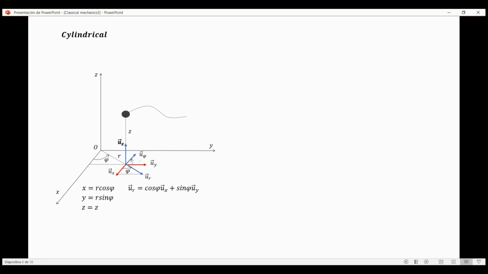So u phi is minus this distance here, pointing in the negative direction of x. It would be minus sine of phi ux plus cosine of phi, this little distance here, uy. And uz is the uz of the Cartesian, the same.